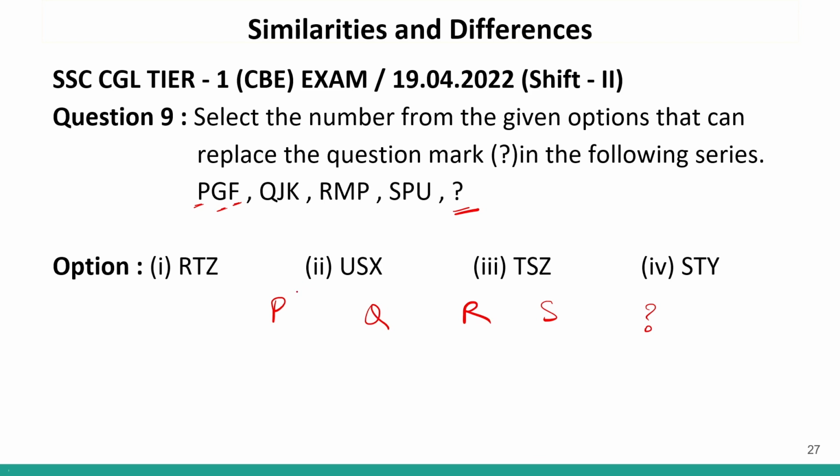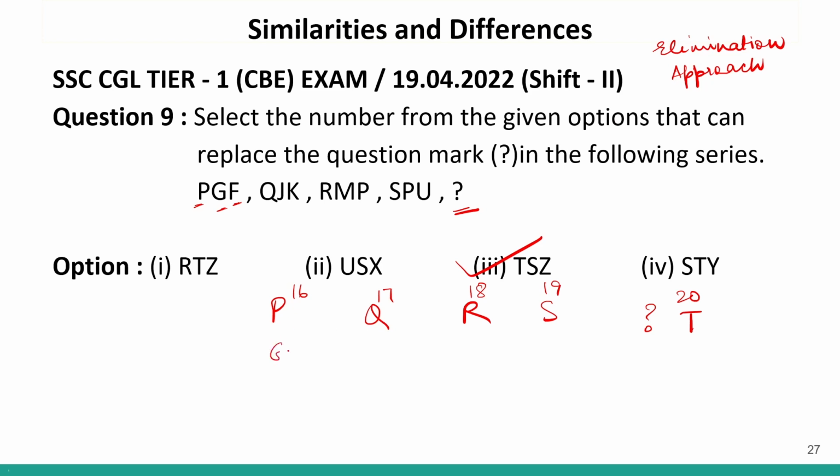Very easy, I can see P is 16, 17, 18, 19, so 20, which is T. So the only option that starts with T is option number 3, TSZ. So this will be my answer. Very easy. Using the elimination approach. So elimination approach makes it very easy to find answers. But let us just check, okay?